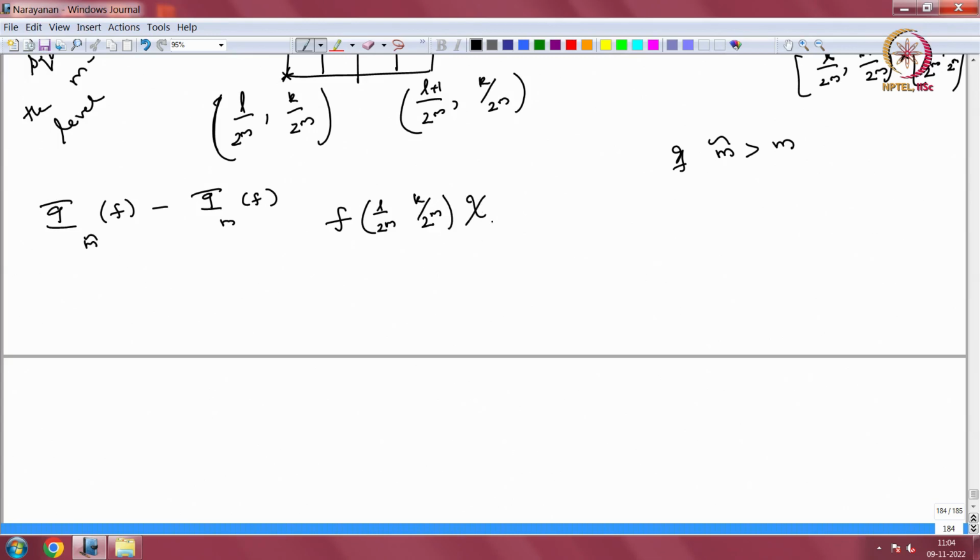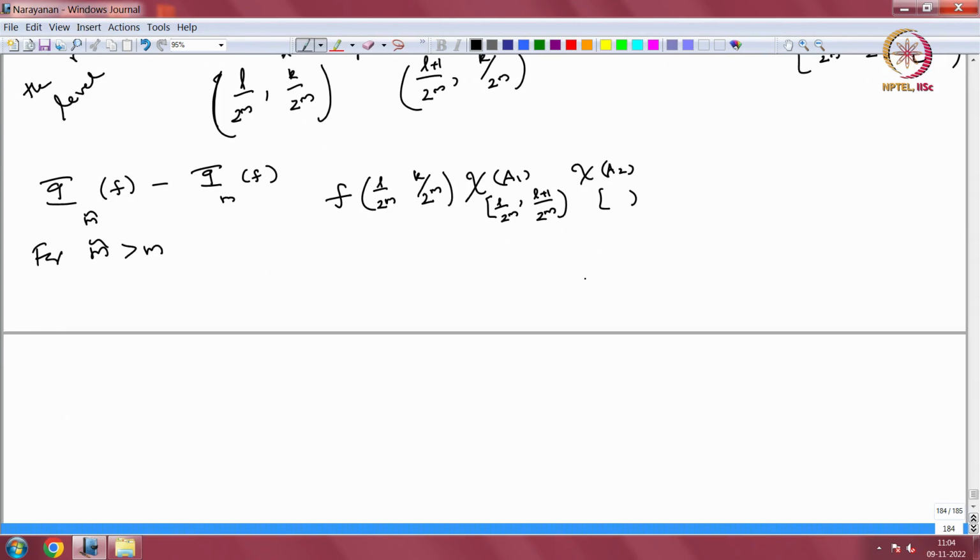That is what happens with the first phi sub m, right. So, L plus 1 by 2 to the m, a 1, times chi of the interval a 2, right. So, I will write here for m tilde greater than m, that is the mth one piece in the summation for phi m.